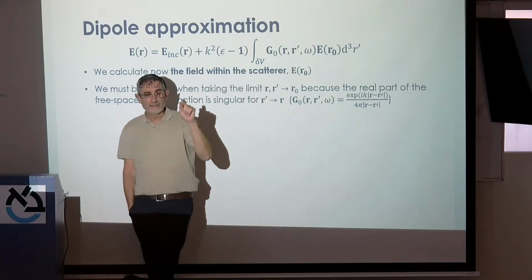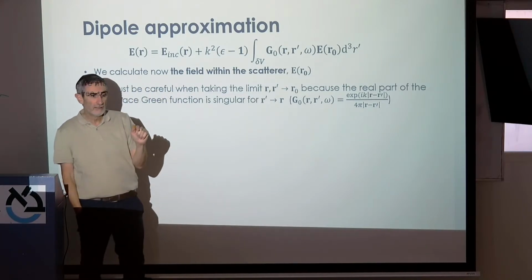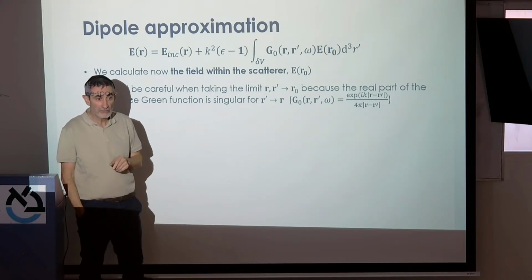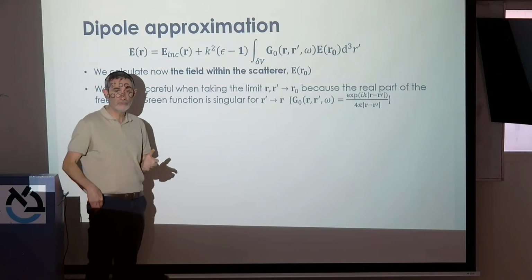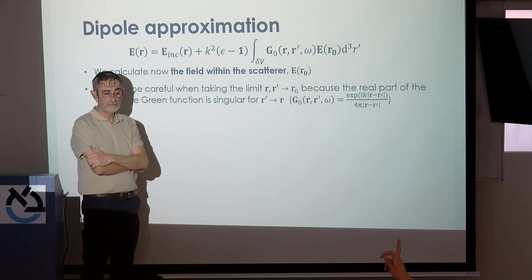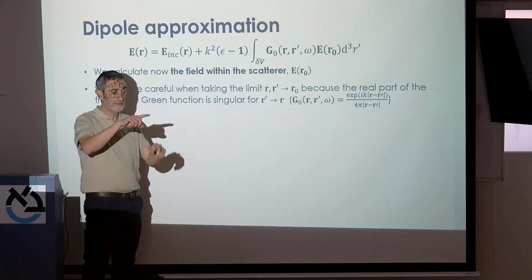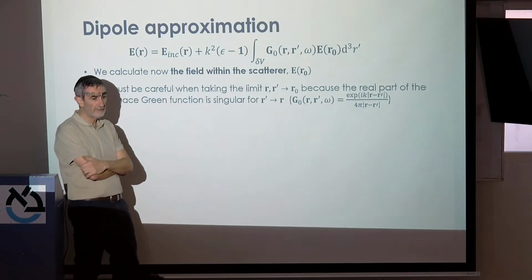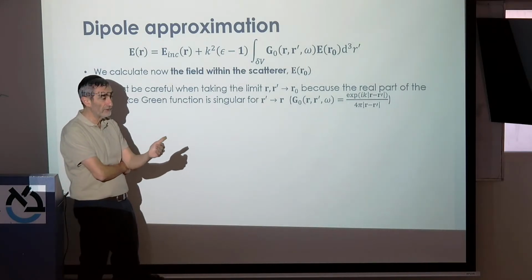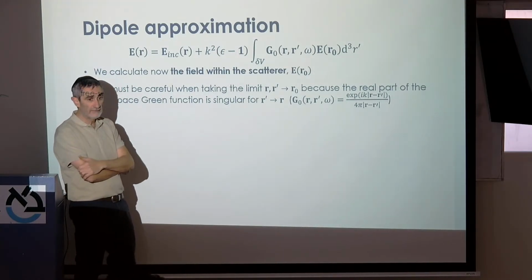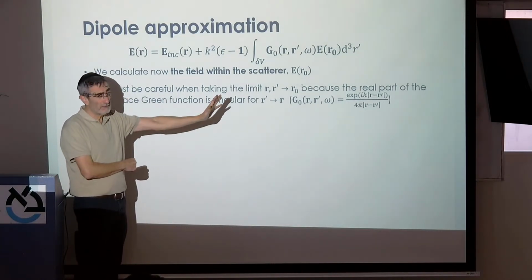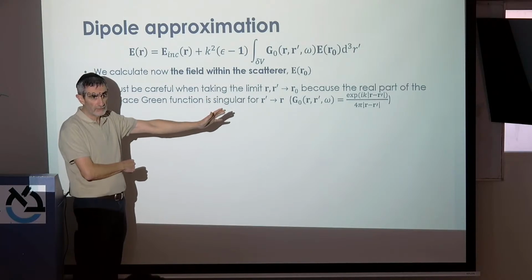The sine kr over kr, we know that when you go to 0, this is 1. That is called the sinc function. It's peaked at 1, and then it oscillates. So we know that sine of kr over kr, which is the sinc of kr, is defined at 0. I mean, there is a limit at 0. So the imaginary part has no problem actually. We can calculate it.